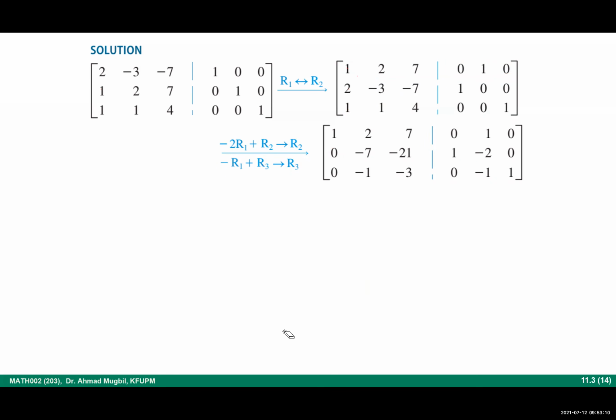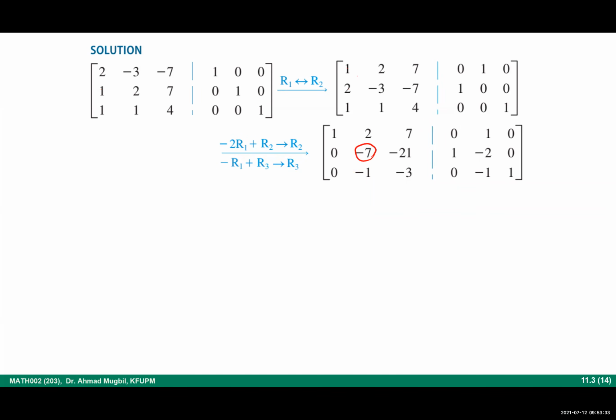Now, we are done. This is 1, this is 0, this is 0. Now, what we want, ya Shabab, our next target, it is either to make this 0 or this 1. The order here is not important. We need this to be 1, we need this to be 0. So what do you think? What can we do?